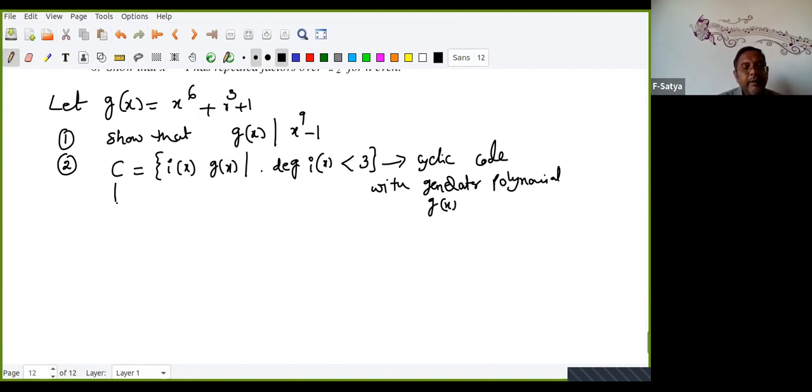So find C. Now question number 3: determine the generator matrix. Okay, what is the dimension of C?